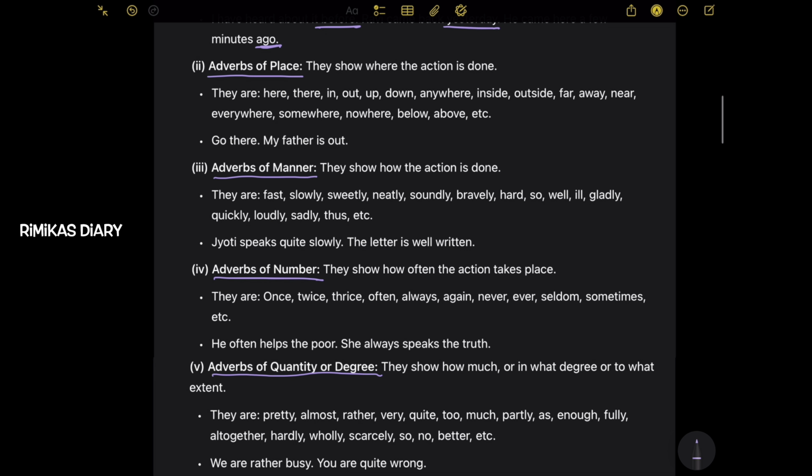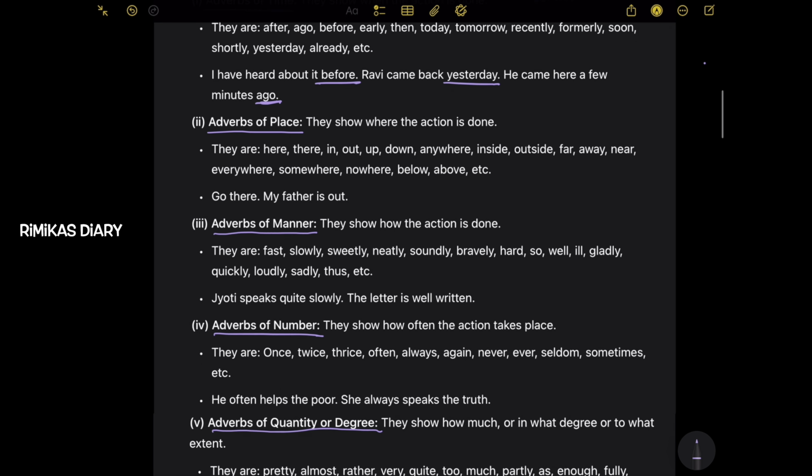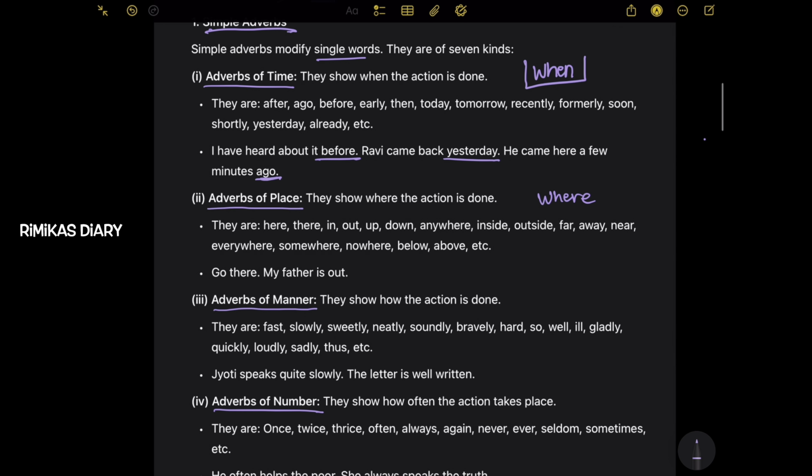Next, adverbs of place. They show where the action is done. So this is when the action is done, and this is where the action is done.